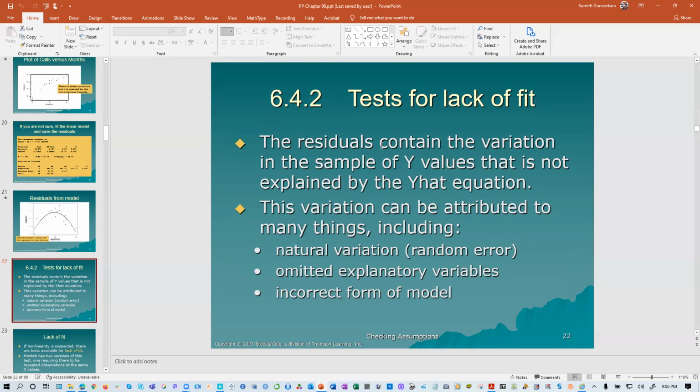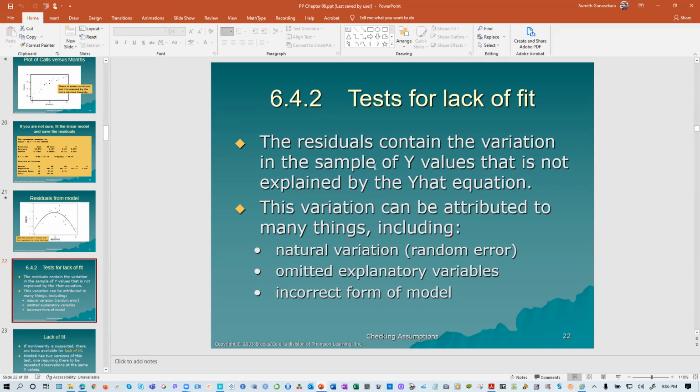We had that discussion: unexplained error is the key part. Due to what? Natural variation. That variation of the error is not going to be the same from point to point.